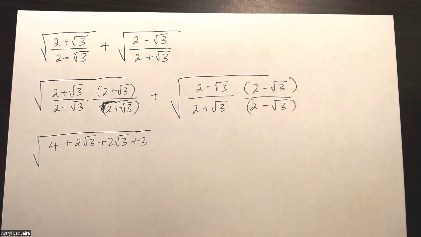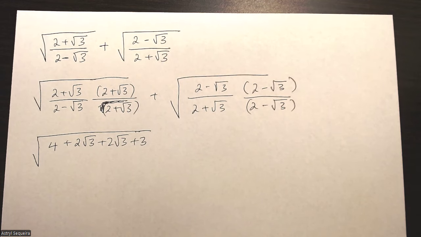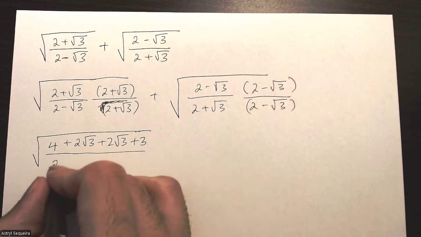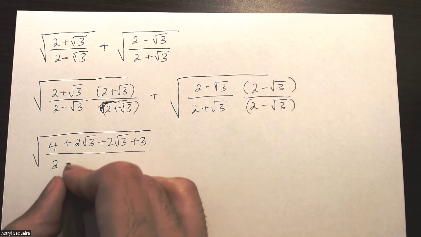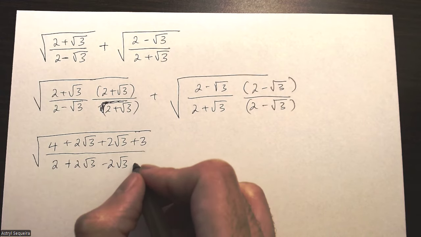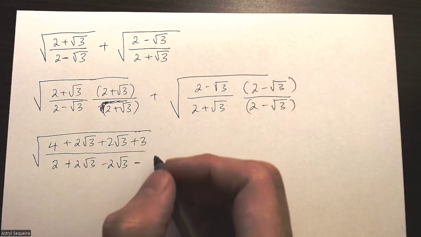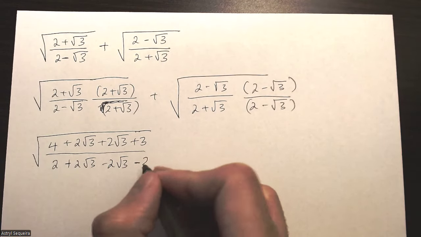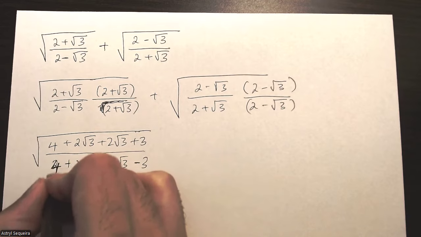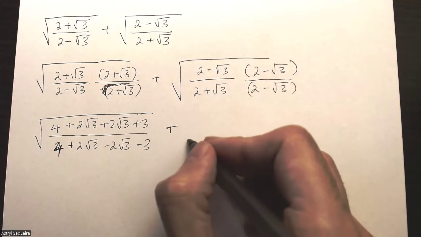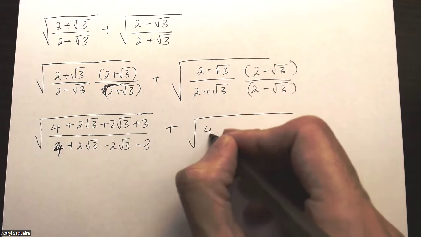And then on the bottom, 2 minus, I guess I'll do the plus first. Now let me simplify this. I guess I could do this expansion here as well.